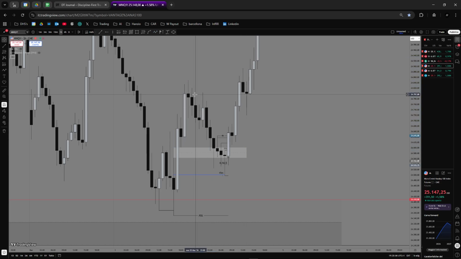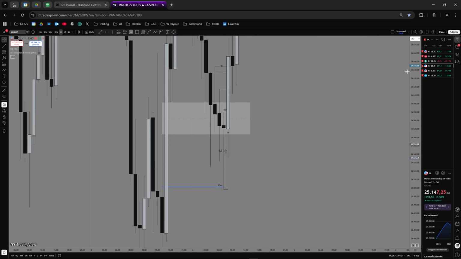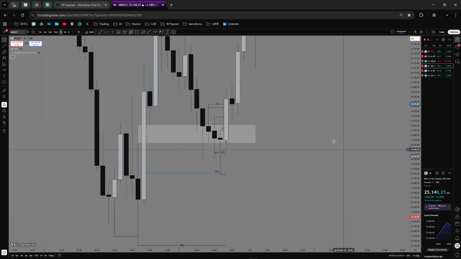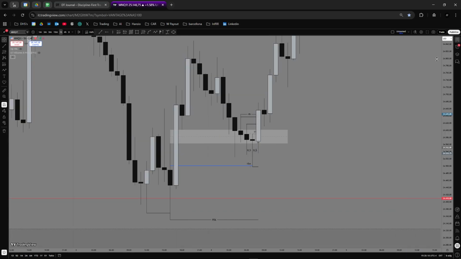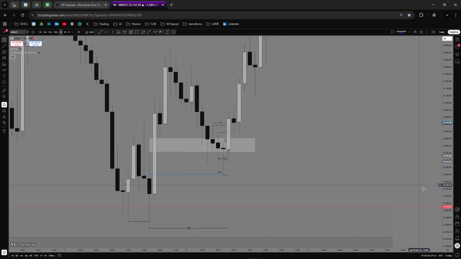And this is more or less exactly what happened, because as you can see, the body never closed below the gap. In simple words, the chart is saying I don't want to go lower.